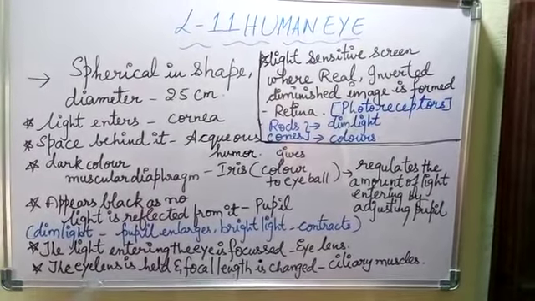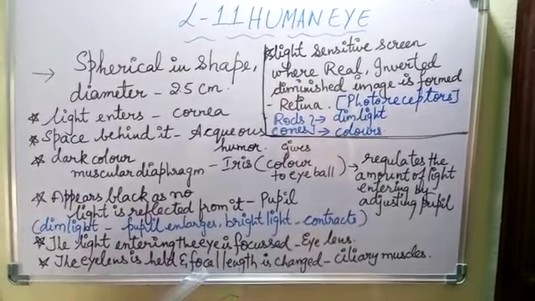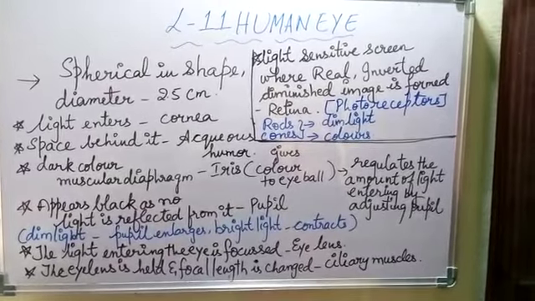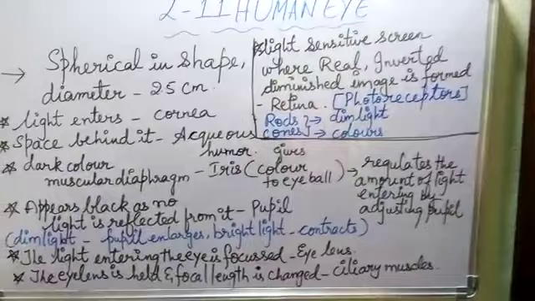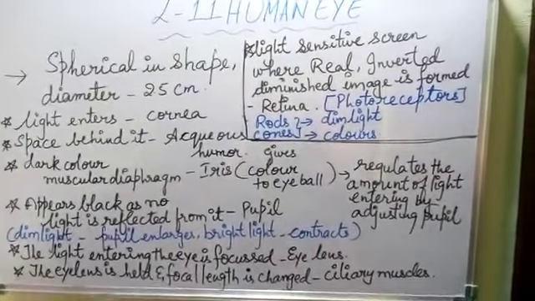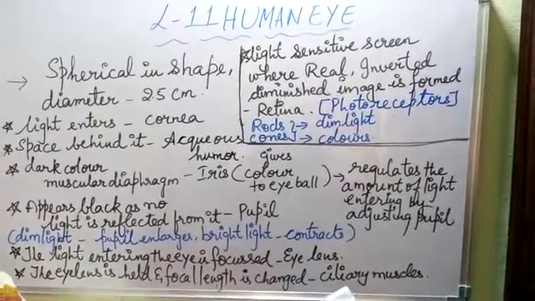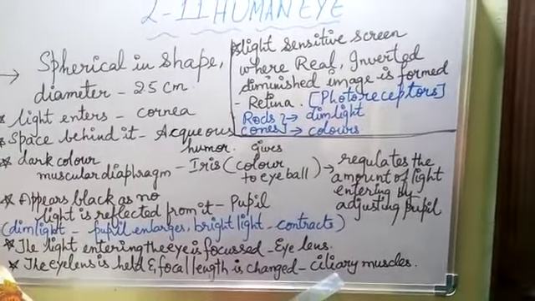The eye lens is held in its position, and its focal length can be changed. The focal length has to change depending upon the object, whether it is near or far. That adjusting of the eye lens and the changing of focal length is done by one more part in the eye, that is called the ciliary muscles.